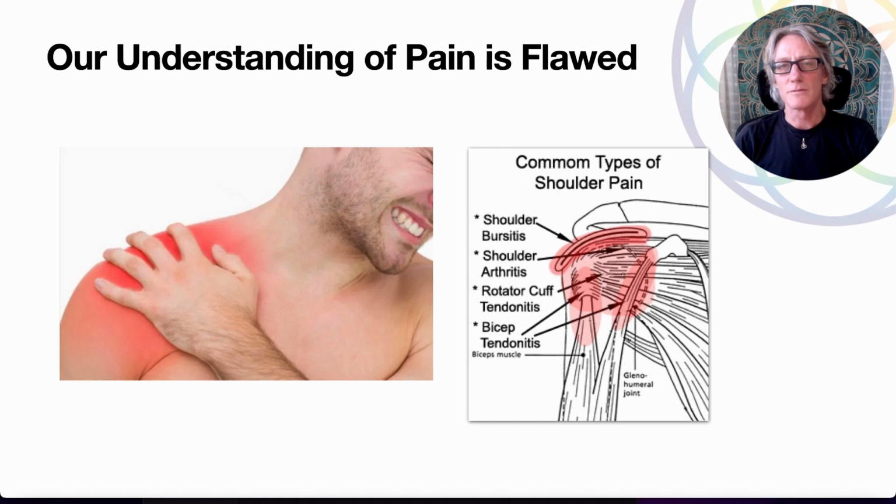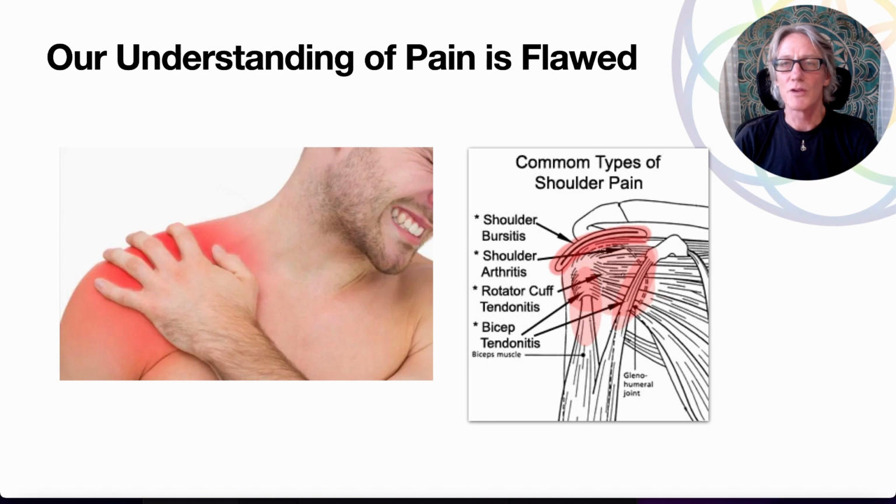Shoulder arthritis, same thing. Arthritis is bone inflammation. So you have inflammation in a bone. Okay, why? Don't know. It doesn't explain anything. It's not a real diagnosis. Rotator cuff tendonitis. Again, tendon inflammation. Why is there inflammation in your tendon?